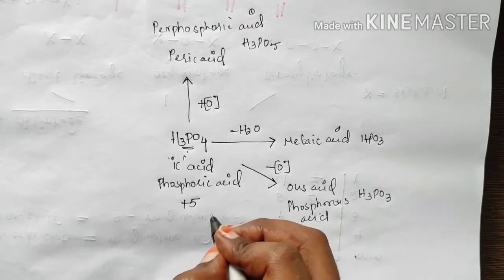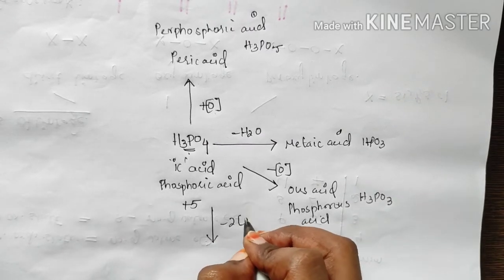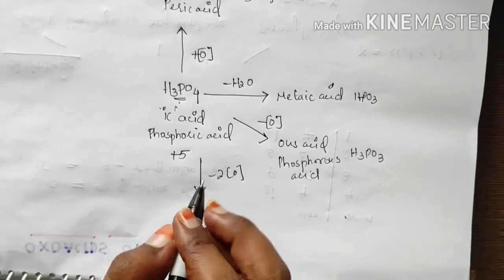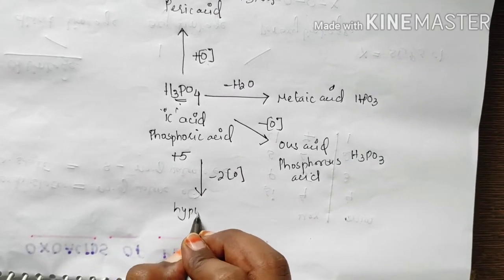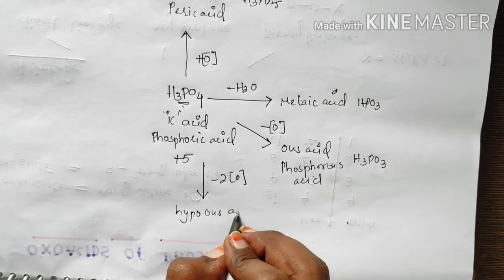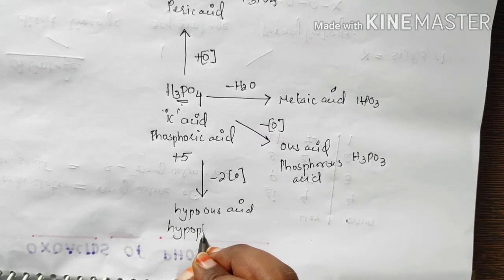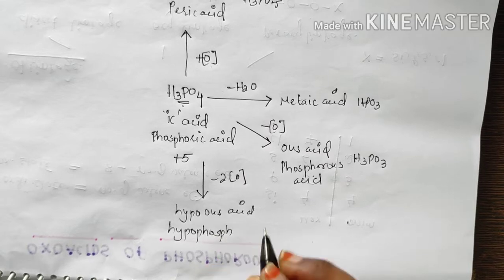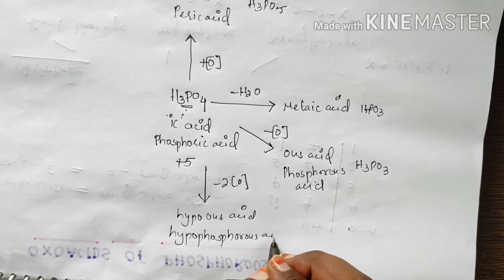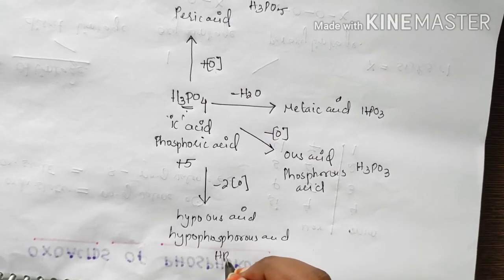H3PO3. When you remove 2 oxygen atoms, you will get hypo-ous acid, meaning hypophosphorous acid, with the formula HPO2.